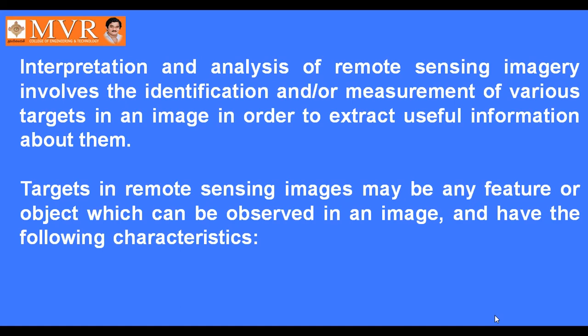Second point: a target in remote sensing imagery may be any feature or object which can be observed in an image, and it has the following characteristics. Whenever you take the satellite image from the processing station and view it with your human eye, many features appear in the satellite image.